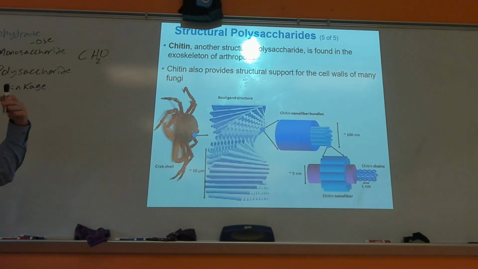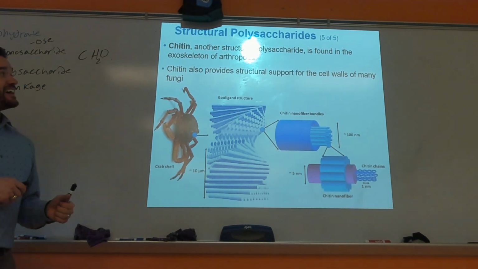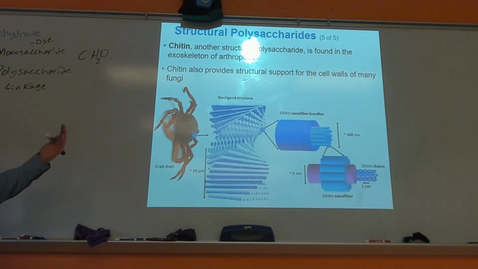Okay, almost done, but one other structural polysaccharide that's in your arthropods is chitin, not chitin. Okay, now you're all thinking it. Chitin. It's kind of a similar idea to cellulose, but they can form much more advanced chains.